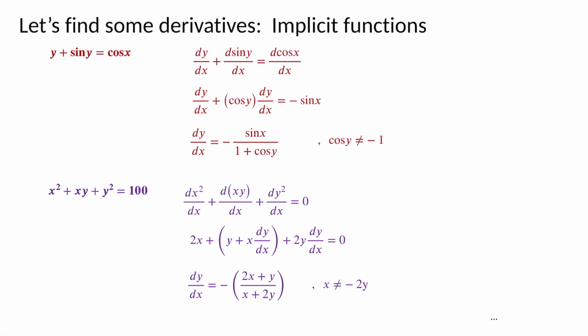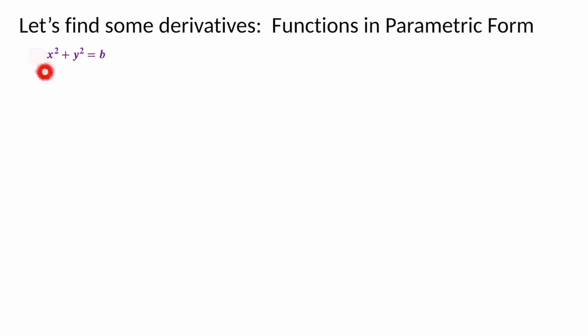Now look at some functions which can be expressed in parametric form. What do we mean by parameter here? Look at this example. As you know, you might recognize that this is the equation for a circle. y is kind of an implicit function, in the sense that we need to find dy by dx, right? We can express y in terms of x, but maybe there is an easier way to find dy by dx.